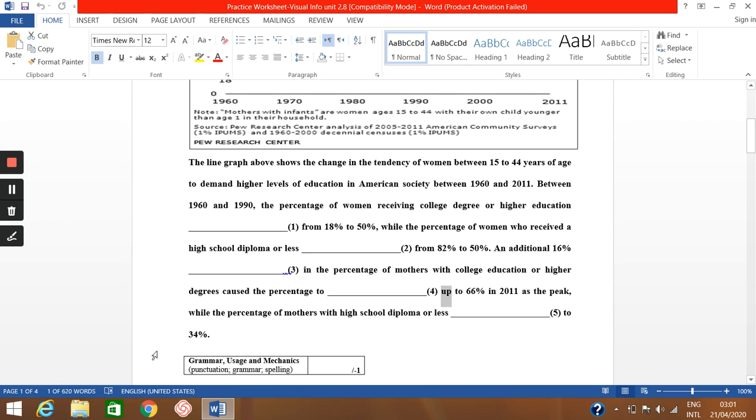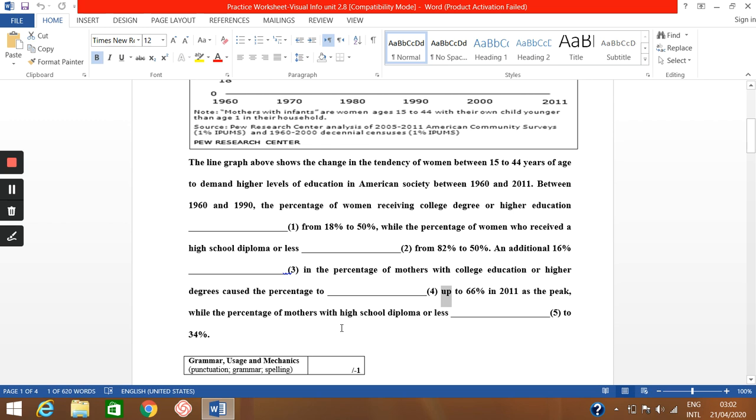Okay, now let's continue. The sentence is still incomplete. Okay, climb up to 66% in 2011 as the peak. While, remember, again, we're going to contrast this percentage with the percentage of mothers with high school diploma or less.